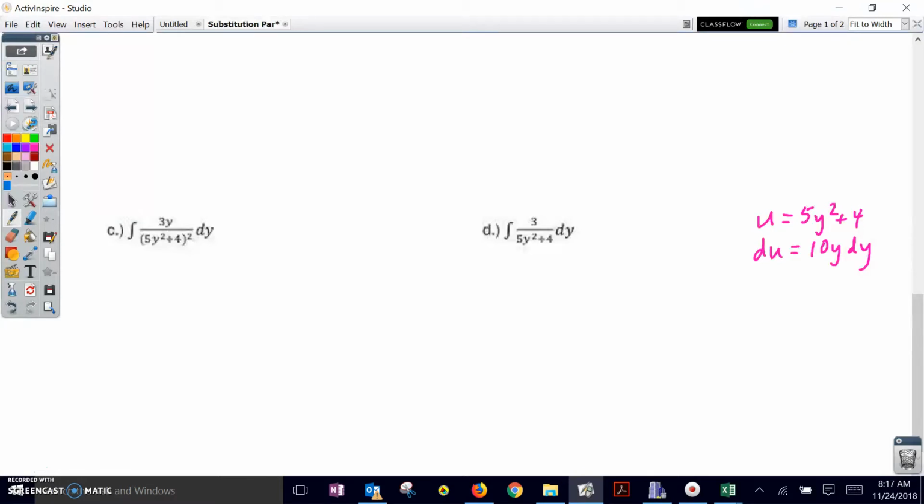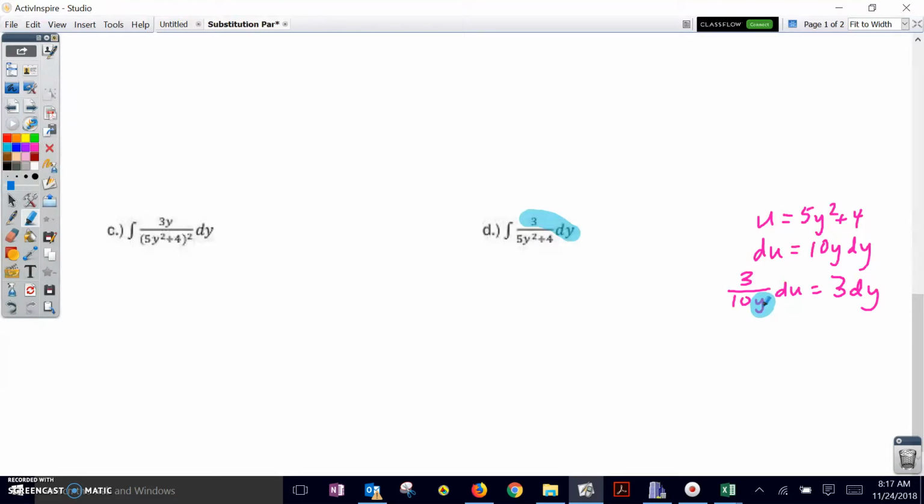Now if I tried to make this substitution, I'm trying to replace a 3 dy, and my problem here is that I still have a y here in the expression that I would be replacing 3 dy with.